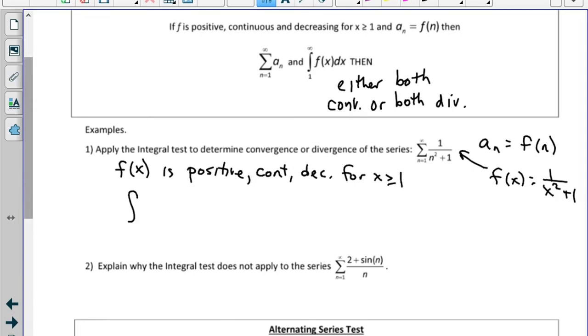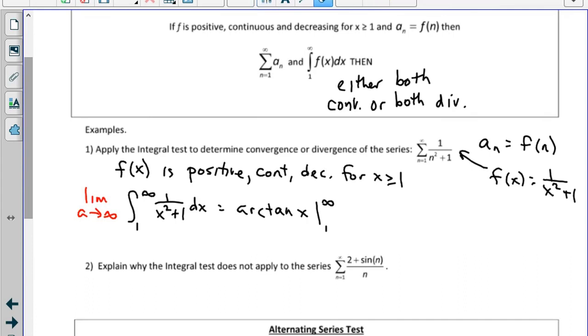So because we're allowed to use the integral test, we can say the integral from 1 to infinity of 1 over x squared plus 1 dx is equal to arctangent of x evaluated from 1 to infinity, which I should be a little bit more careful and say the limit as a goes to infinity, and change this to an a.